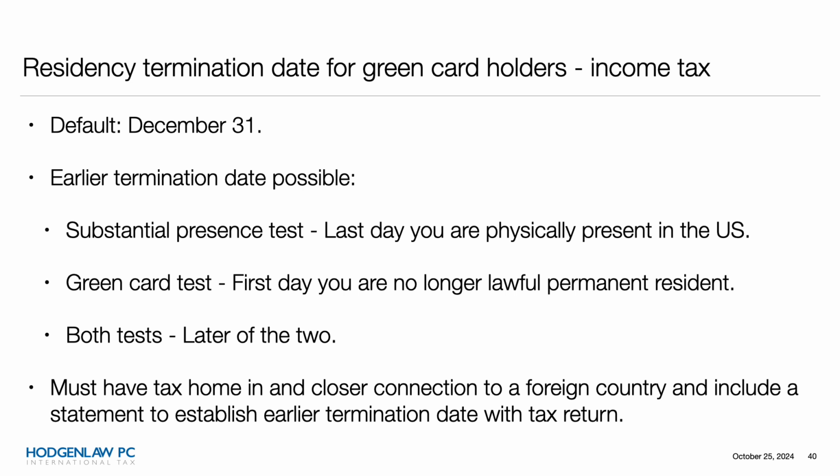And then also important to include that you must have a tax home in and a closer connection to a foreign country, and include a statement providing evidence of that to establish an earlier termination date with the tax return. So you have to have that foreign country connection in order to use the earlier termination date.